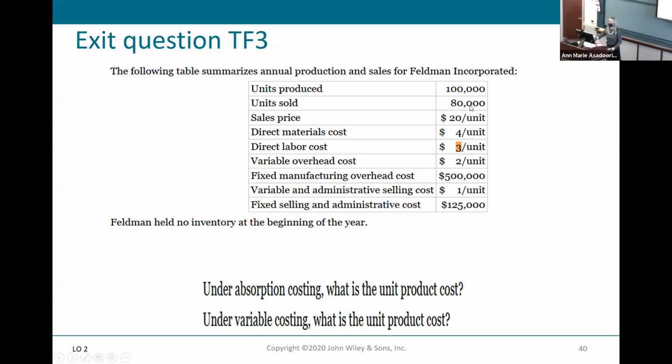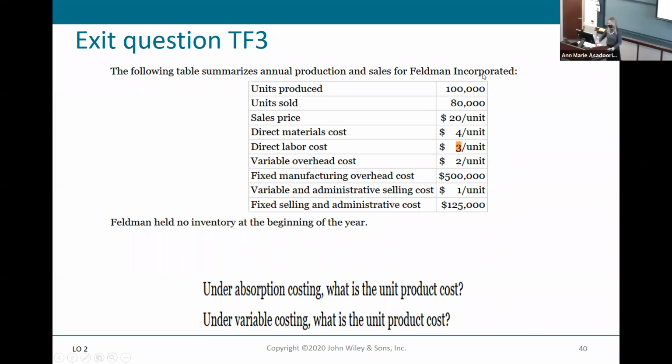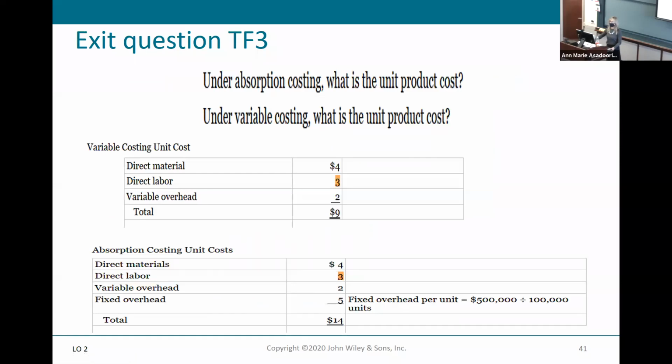Am I dividing it by 100,000 or 80,000 to get that per unit number? Netra: 100,000. Yeah, units produced. What is it costing me to produce or make? So under your variable costing system, $9 per unit. We're adding another 5 in your accounting system.